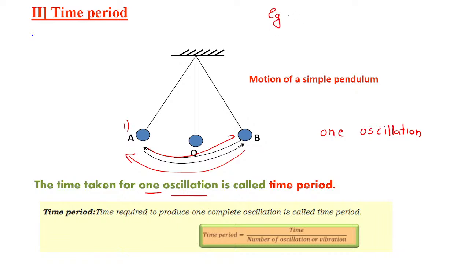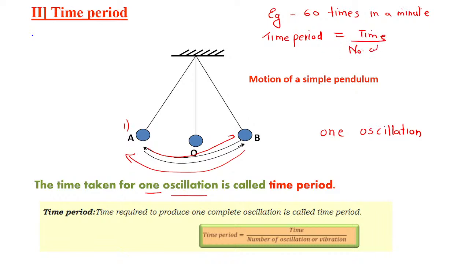Suppose a pendulum oscillates 60 times in a minute. In 1 minute it oscillates how many times? 60 times. Find out the time period. How do we do that? Time period is equal to total time upon the number of oscillations.